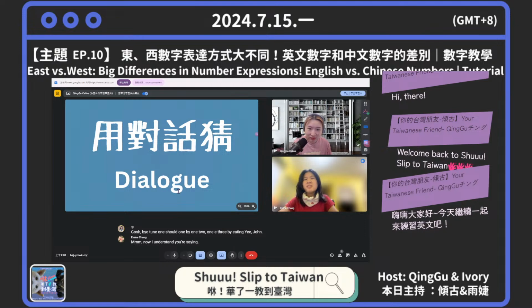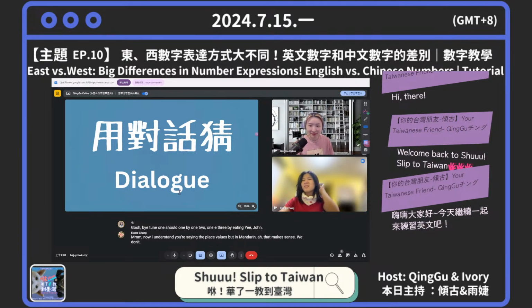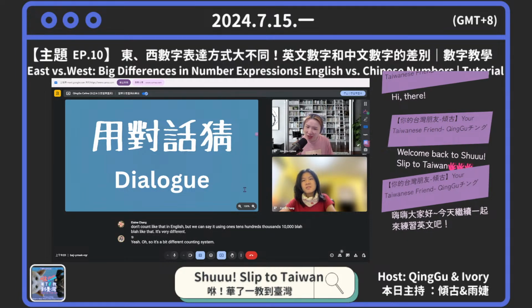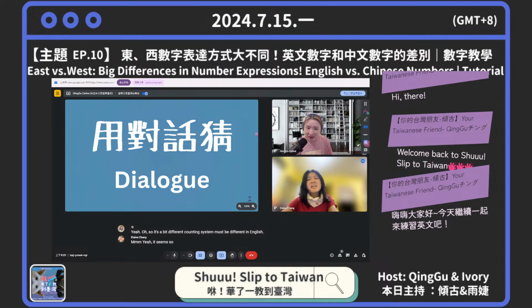You're saying the place values, but in Mandarin. That makes sense. We don't count like that in English, but we can say it using ones, tens, hundreds, thousands, 10,000, blah, blah, blah, like that. It's very different. Yeah, so it's a bit different. Counting system must be different in English. Yeah, it seems so. Let's talk about this today then.